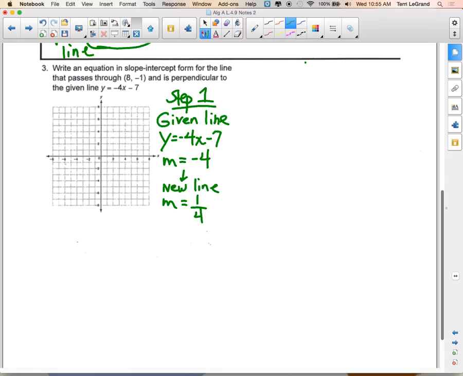Then we'll come over here and we'll combine steps 2 and 3, because in reality, one just flows into the other. We are working with the new line. Okay, so write that here. So we know it has to have a slope of 1/4.